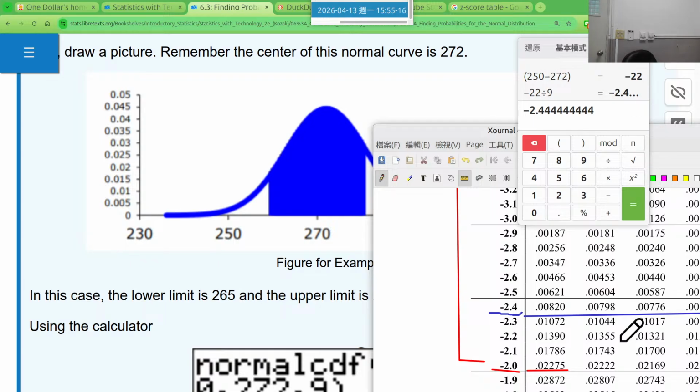But the question from the textbook wants us to calculate the area between this one and this one. And now you got a bigger one, you need to minus the small area. How can you get the small area? Here is 265. You can check the table, got the value. The value is to the left, the small area. Then big area, subtract small area, the answer is here. Okay, go ahead, 2 minutes.